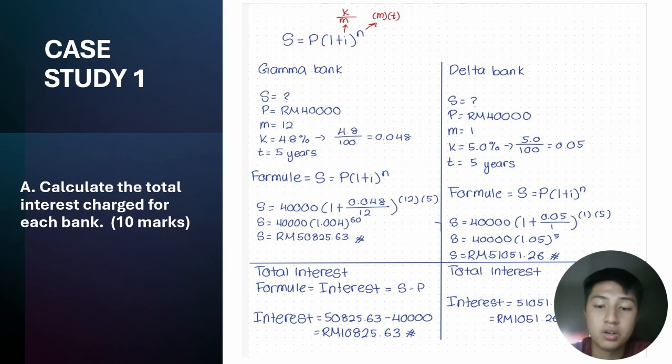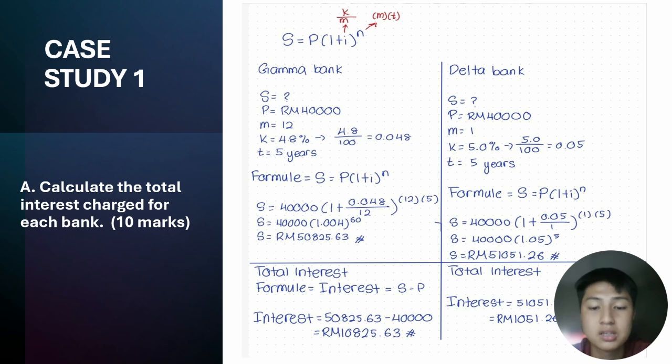We put all the data in the formula, and we got S equal to 40,000 times (1 plus 0.05 over 1) to the power of 1 times 5, and we got S equal to 40,000 times 1.05 to the power of 5, and the total S in the Delta Bank is 51,051.26.